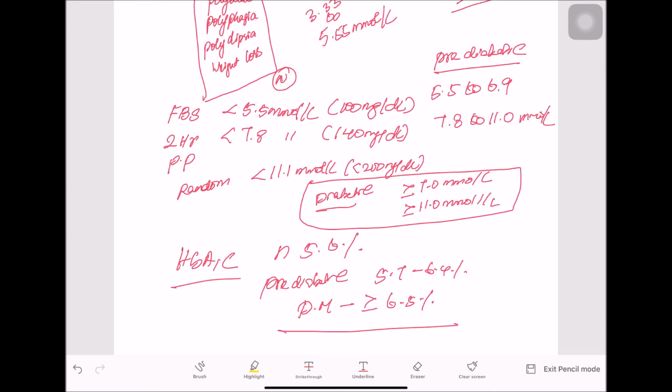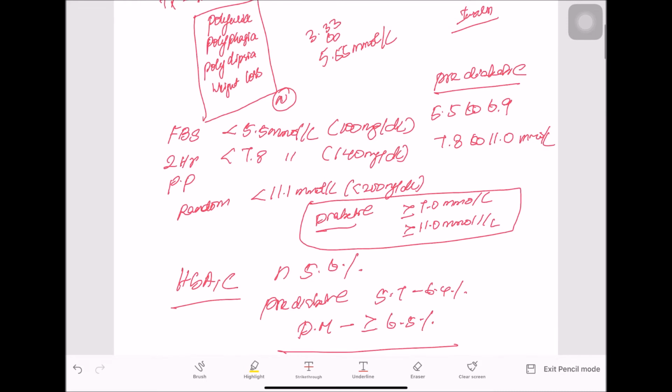Fasting glucose should be 5.5 to 6.9, and 2 hour glucose 7.8 to 11.0.